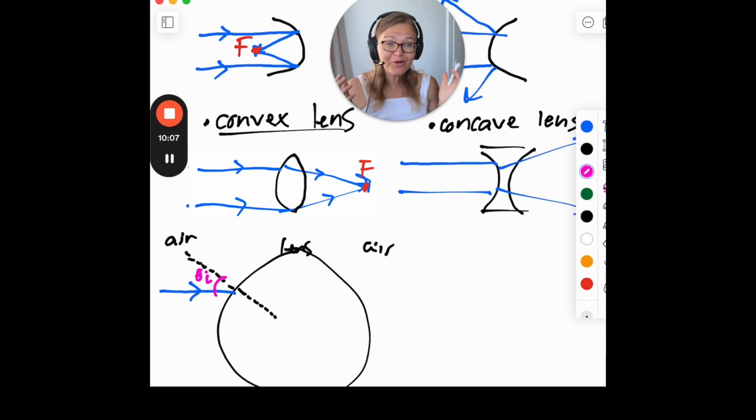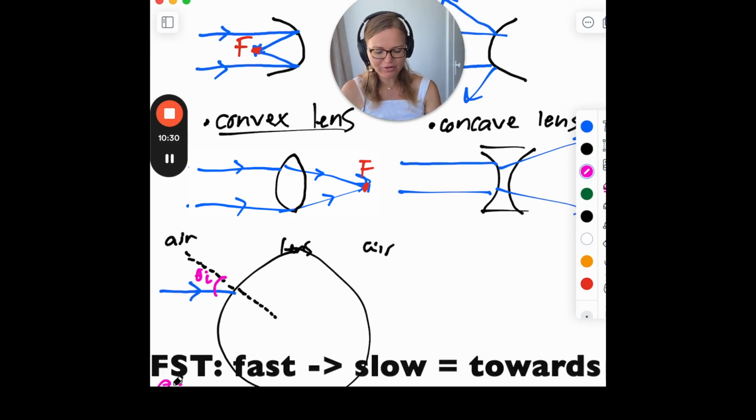And then we know, according to the mnemonic, remember FST, we've covered in previous questions, that when we go from a medium where light is traveling fast with a lower index of refraction, like air, where we know the index of refraction is 1, into a medium that has a higher index of refraction, like a lens, which is more dense than air, so when we go from a medium where light travels fast to a medium where light travels slow, then we're going to bend towards the normal, T for towards the normal.